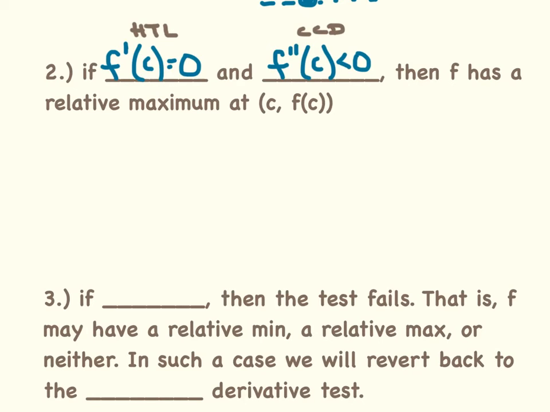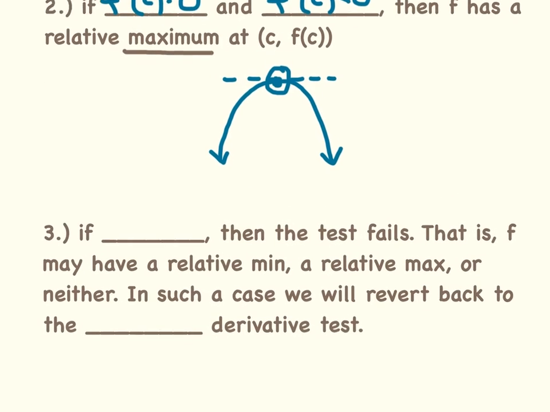If that's true, then f is guaranteed to have a relative maximum at that point. How do we prove that? Well, let's draw a picture of something that's concave down. On that picture, I want you to find the one and only point that has a horizontal tangent line. That would be right here. And there's the horizontal tangent line, slope of 0. And you'll notice that point just happens to be a relative max.